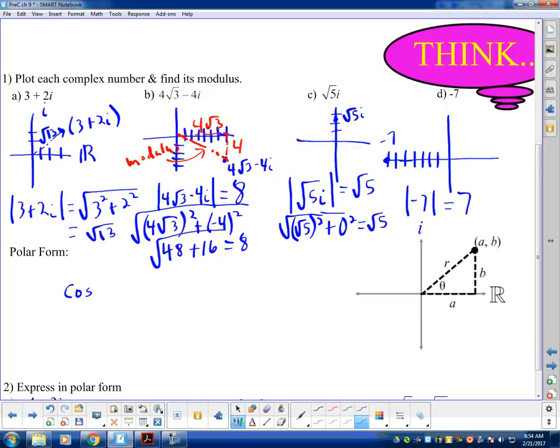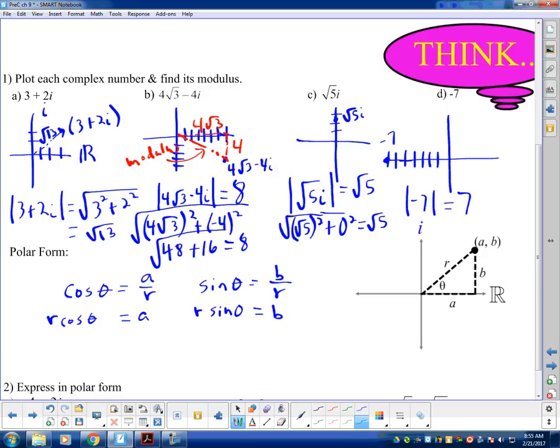Cosine of theta would equal adjacent A over hypotenuse, so A over R. And sine of theta would equal opposite B over hypotenuse, B over R. And if I rewrite that in terms of solving for A and B, it looks like this. A equals R cosine theta, and B equals R sine theta.